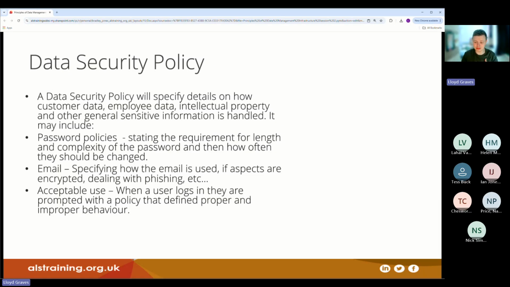Again, using my role as an example, we hold data on you as our learners, as our clients, essentially. How do we make sure that your data is secure? We have a policy at ALS that outlines all the different steps we need to take to ensure your data is secure with us.